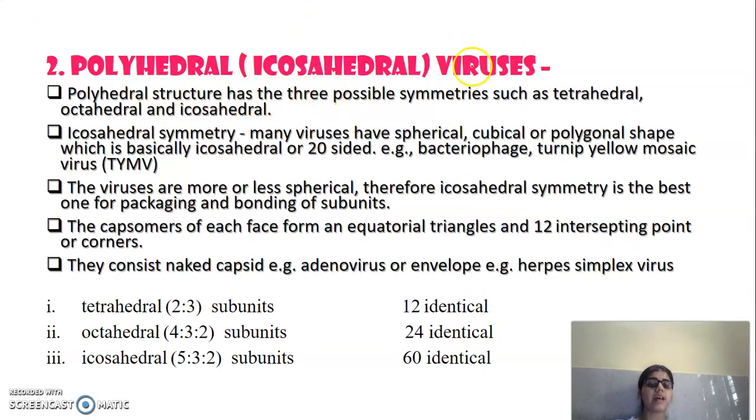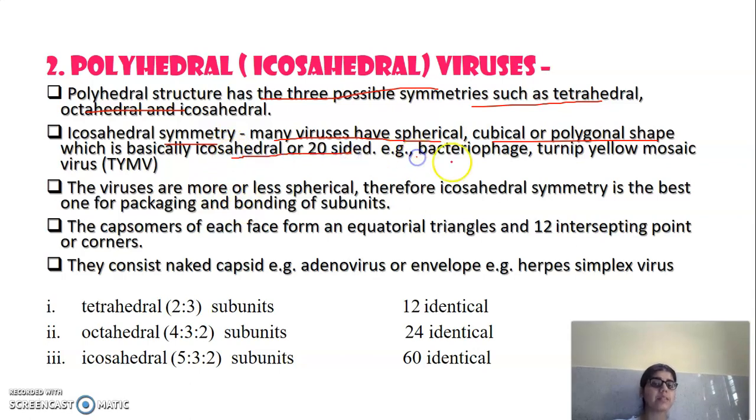Polyhedral or isohedral viruses. Polyhedral structures have three possible symmetries: tetrahedral, octahedral, and icosahedral. Icosahedral symmetry: many viruses have spherical, cubical or polygonal shapes, which are basically icosahedral or 20-sided.